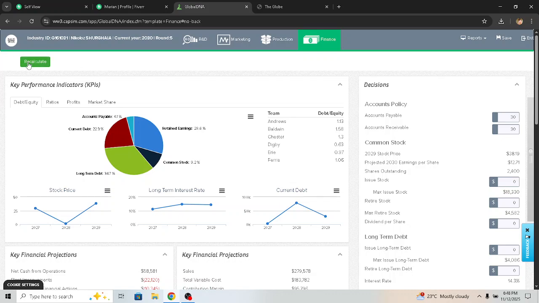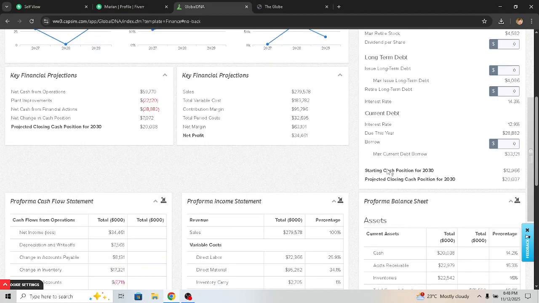I just wanted to show you that we were already operating in profits even before we took these loans. So looking at our projected closing cash position, the starting cash position for 2030 was $12,966, and the closing cash position as we end the round, we have been able to raise $20,037.